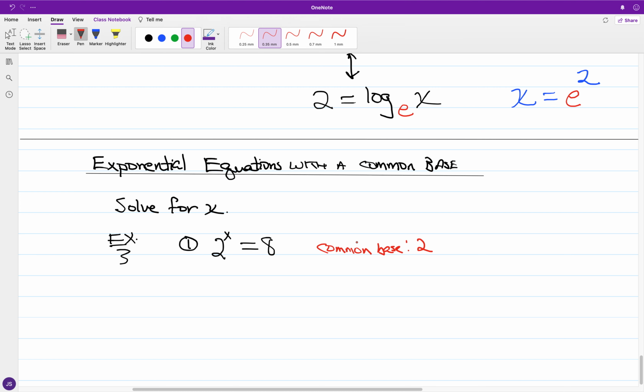So we have a common base of 2. The left hand side we have in terms of base 2, so you have 2 to the x, and 8 is going to be 2 raised to the third. Anytime I have single terms on both sides with the same base, I can set the powers equal to each other. In this case, the outcome is x is equal to 3.